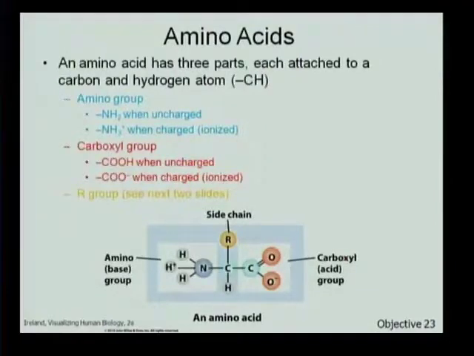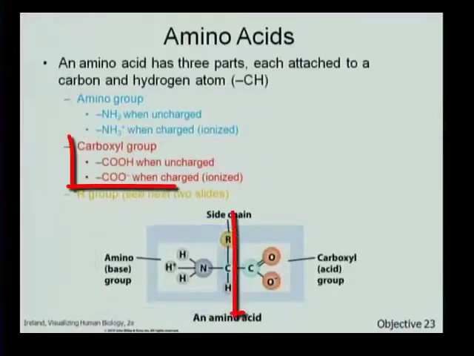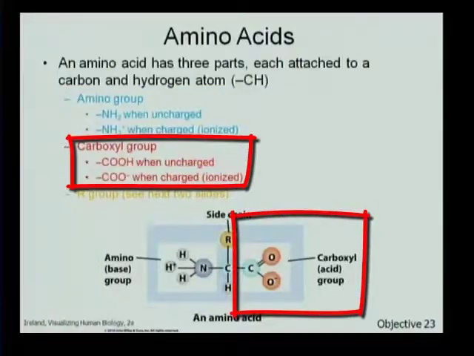An amino acid has three parts. There's an amino group. When it's uncharged, that's NH2. When it's charged or ionized, when it becomes a cation, it's NH3+. It's taken on an extra proton. There's a carboxyl group. When uncharged, it's COOH. When charged, when it becomes an anion, because the hydrogen ion, the proton, has left, then it's COO minus.